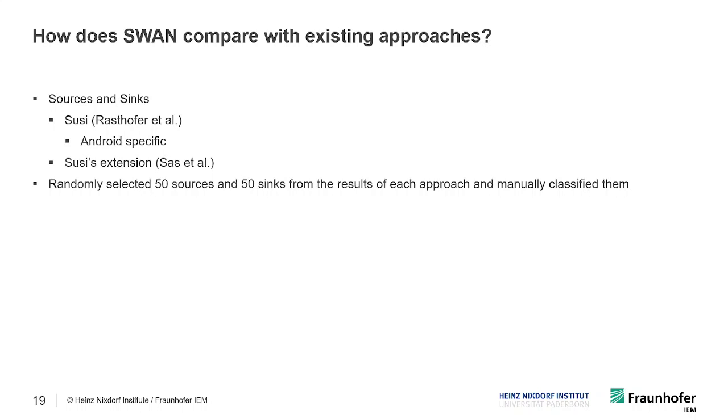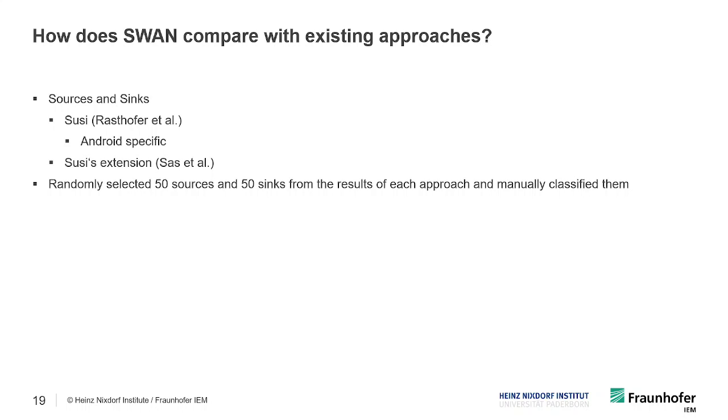In the meanwhile, there was another extension of SUSI where they also tried to generalize SUSI for Java. So we used those two approaches, and we wanted to compare how all these three approaches run on the Android JDK.